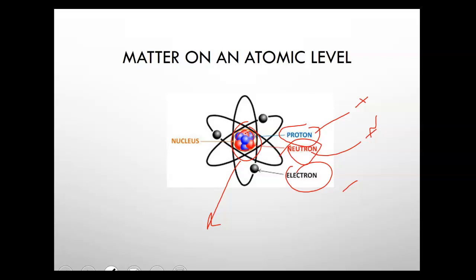Okay, outside the nucleus, there are orbiting particles called electrons. Electrons have no weight. They're basically charged, and they orbit. Every electron has its own orbit. They orbit around themselves, and they also orbit around the nucleus. If you think about it in a very interesting way, it's kind of like the solar system.